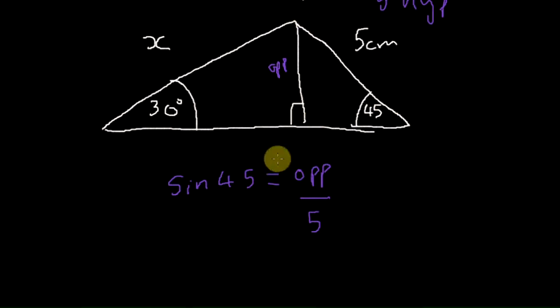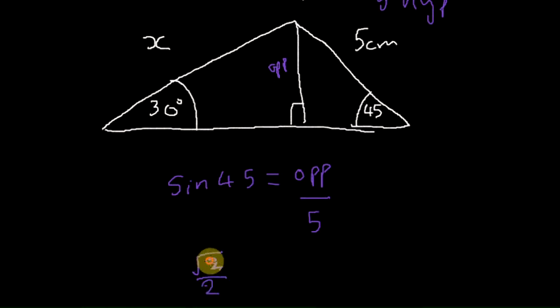And from our little box of all those identities for the cos and the sine and the tan, we know that sine 45 is, if I can remember rightly, square root of 2 over 2.